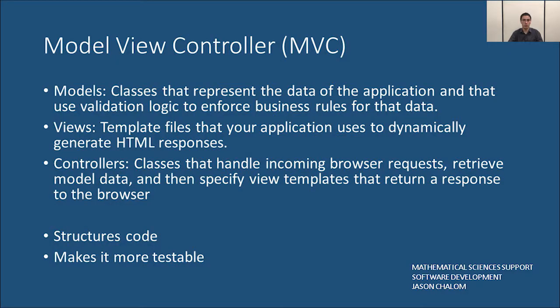The next model we will talk about is the model view controller. Here, the software is broken up into three parts: the model, the view, and the controller. The model are classes or objects which represent the data being used in the system. The view represents the view of that model to the customer or the user.